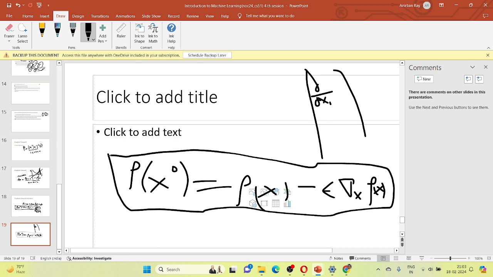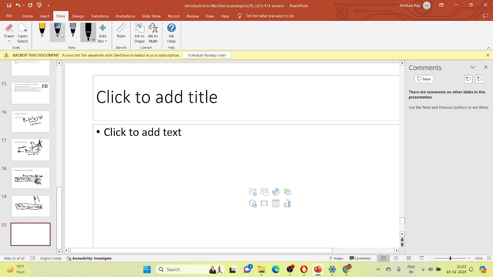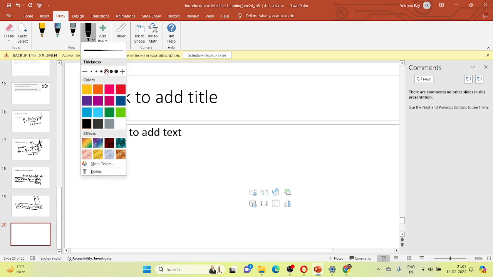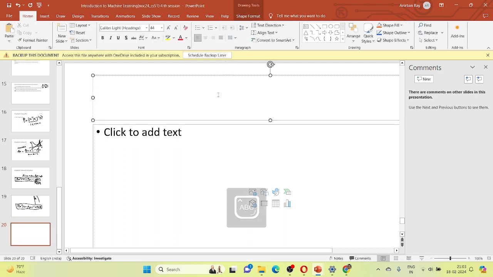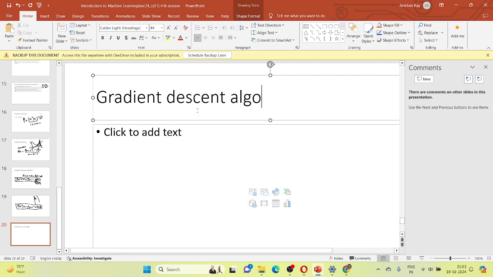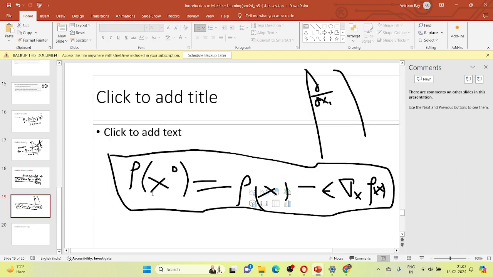So let me write down the algorithm overall. In our case, this function is our cost function, the loss function.